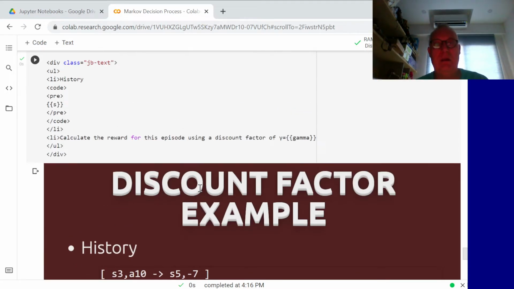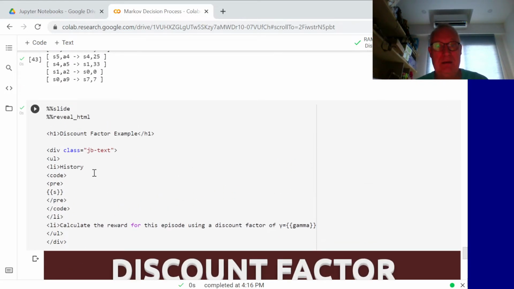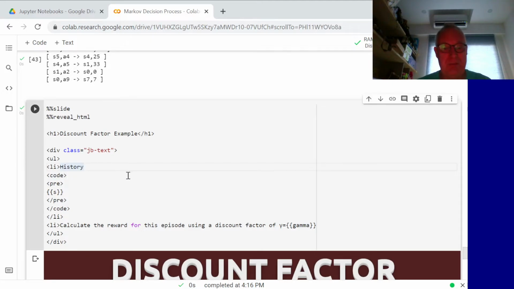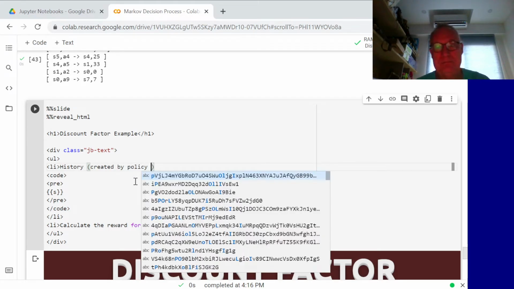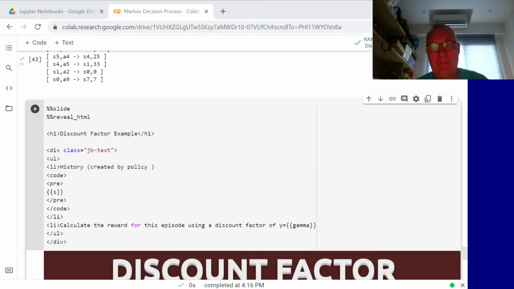The history was selected using policy pi. Not that pi, Greek letter pi.